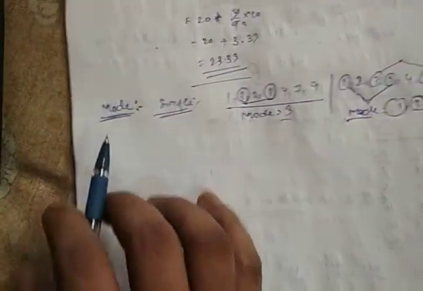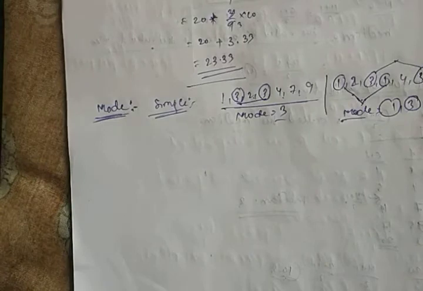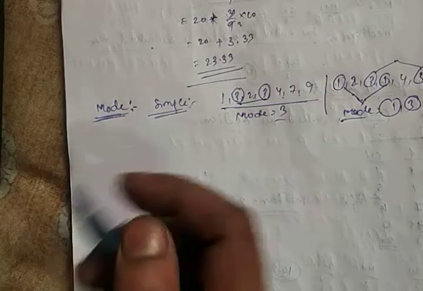For a simple frequency distribution, it is obvious: we see which value has the highest frequency.